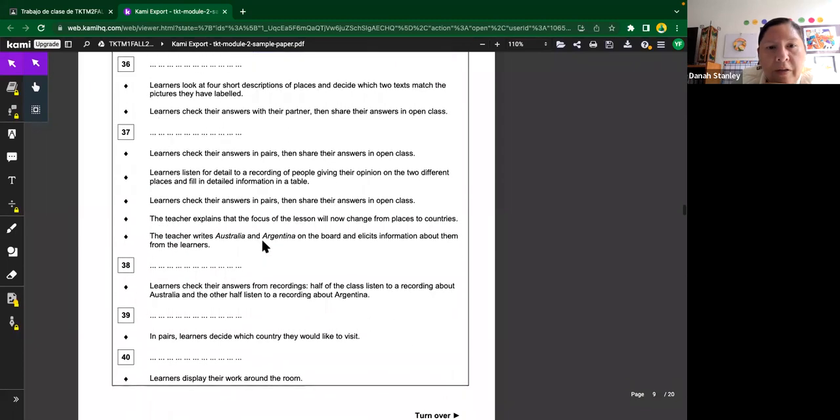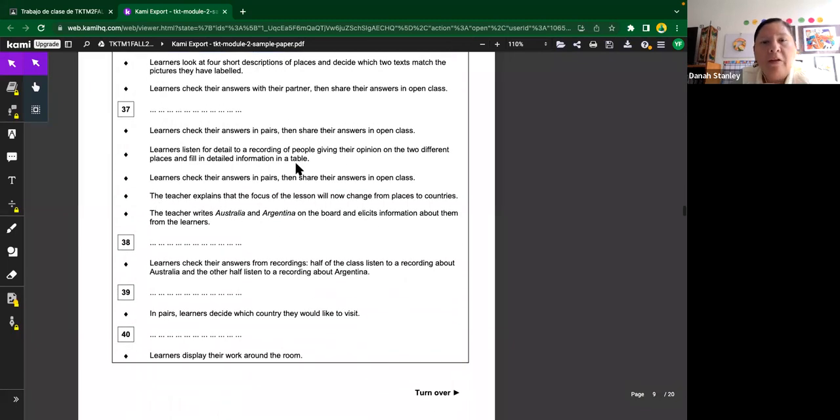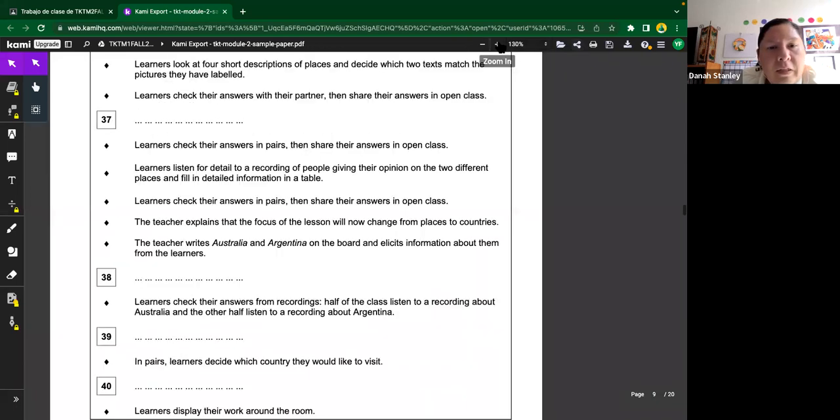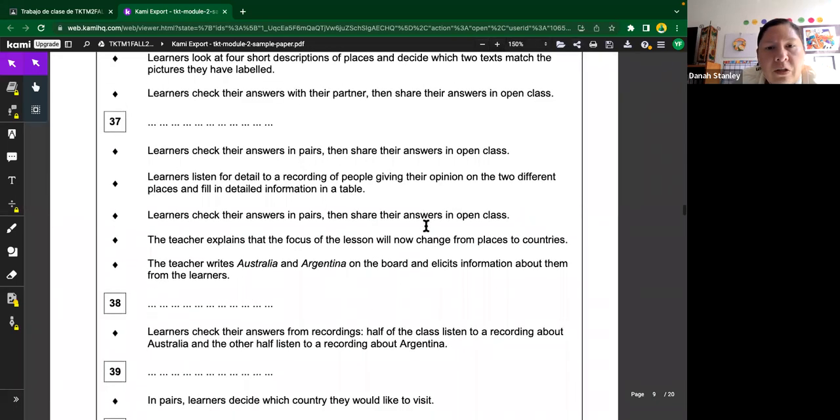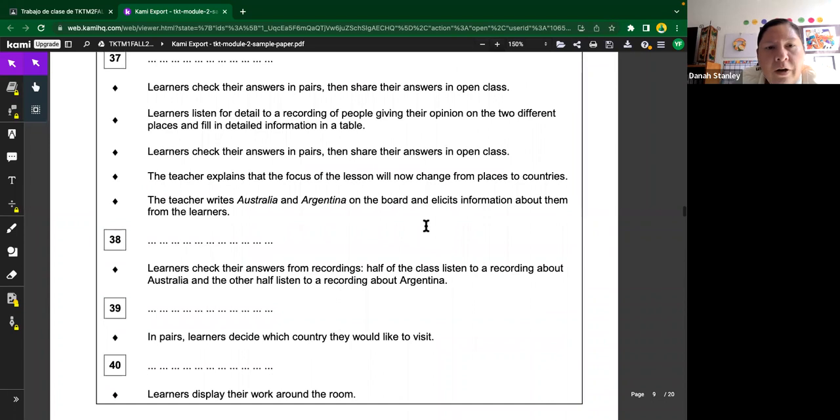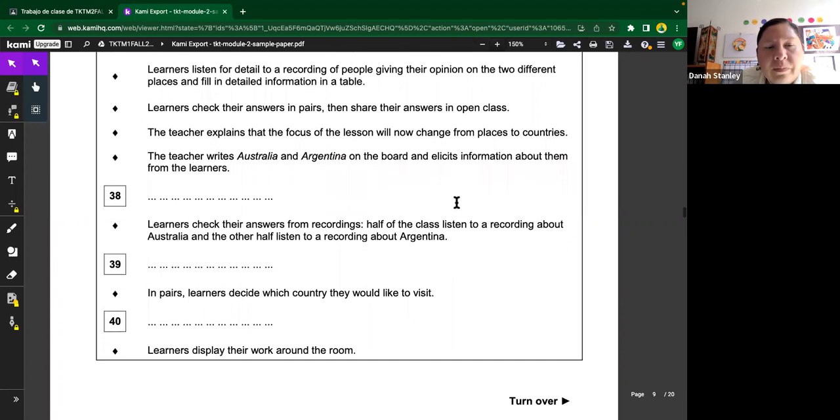Learners check their answers in pairs, then share their answers in open class. Learners listen for detail to a recording of people giving their opinion of the two different places and fill in detail information in a table. Learners check the answers in pairs and then share their answers in open class.